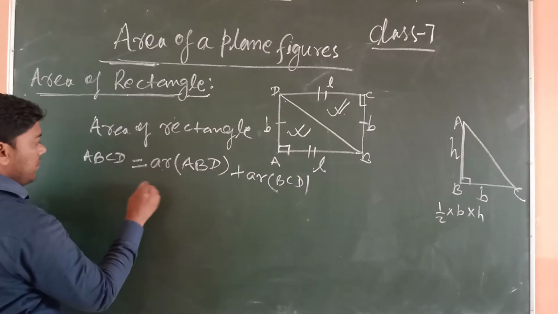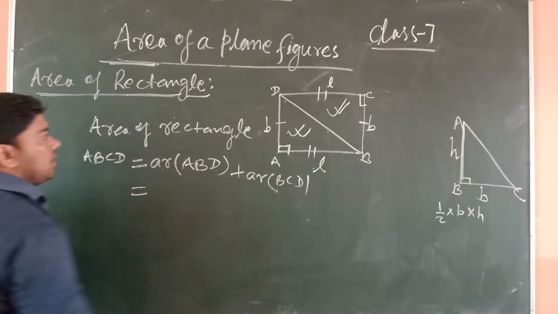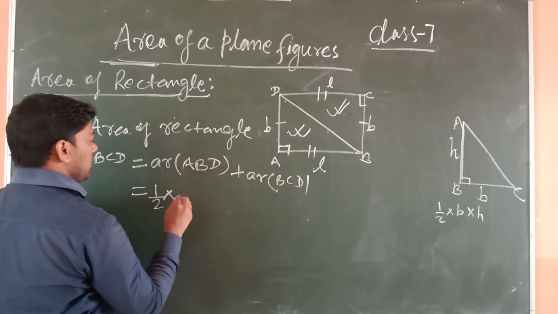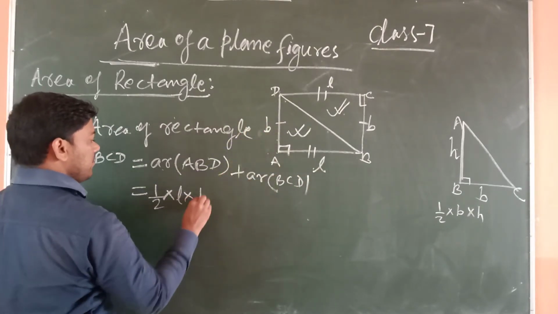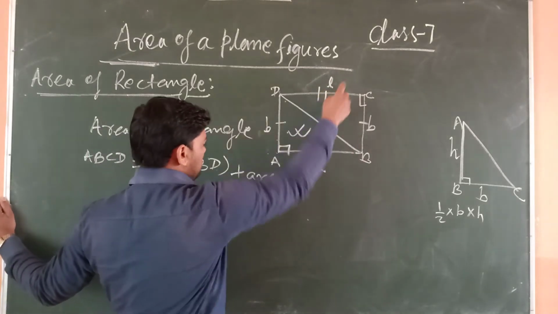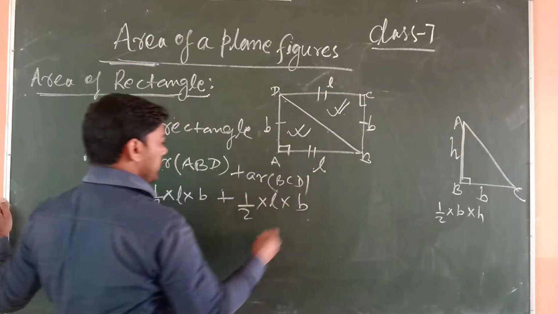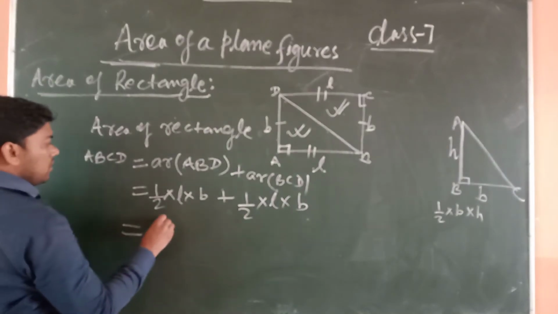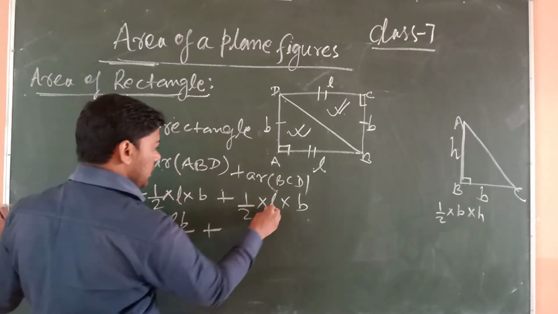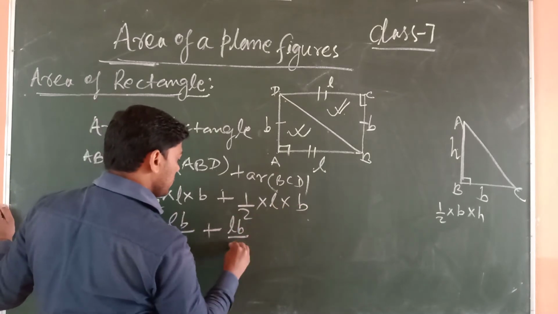Area of triangle ABD is 1/2 into base L into height B, plus 1/2 into base L into height B. That is LB by 2 plus LB by 2.